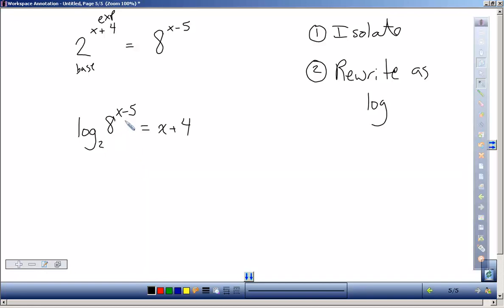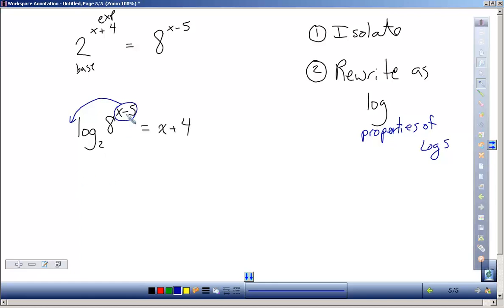Now you may be thinking, how does that help me? Now I have a log and an exponential. Well, it does. And this is where we want to remember our properties of logs. We had a rule that said that if there was an exponent inside of a log, that it can move to the front of the log.